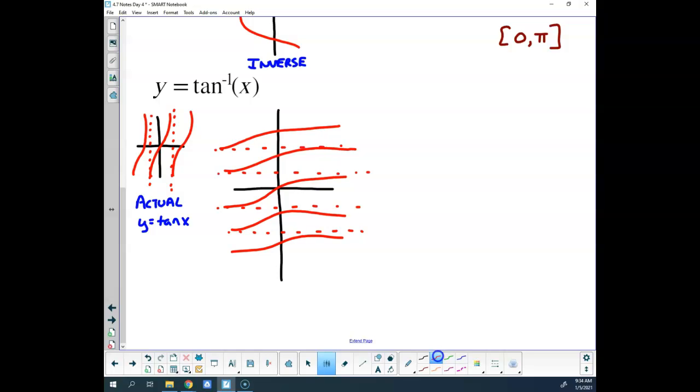Instead of having vertical asymptotes, now we have horizontal asymptotes. So we again had to restrict it to make it be a function.